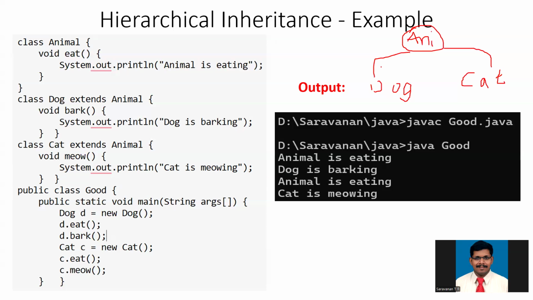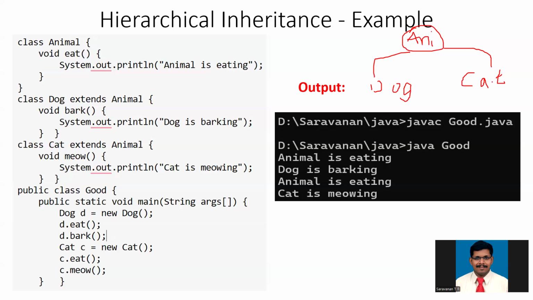Now, the object created for the dog can be used for accessing the members of Animal. The object created for cat can also be used for accessing Animal. As per the rules, all derived classes should have an object created to access the base class.